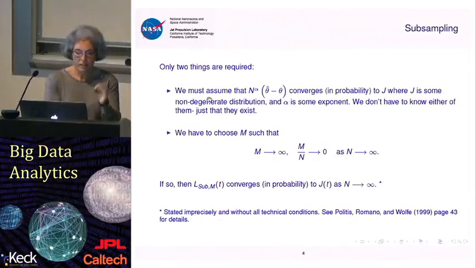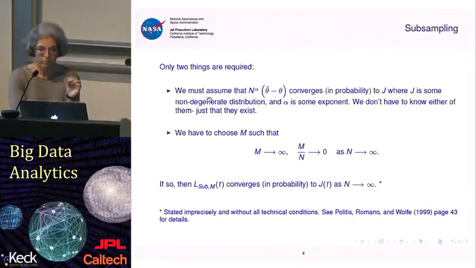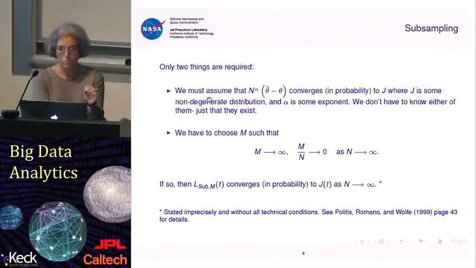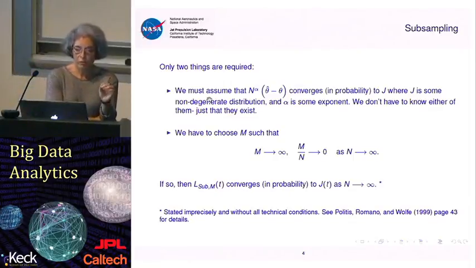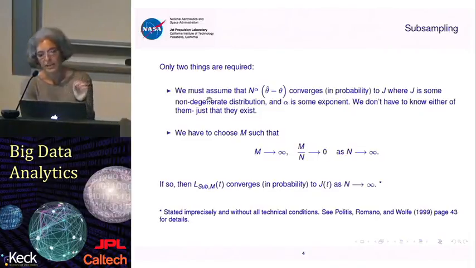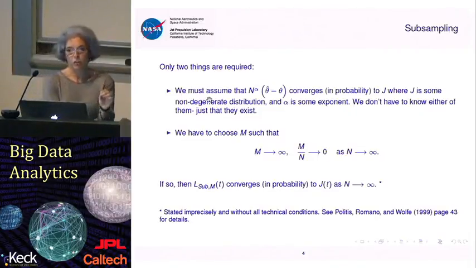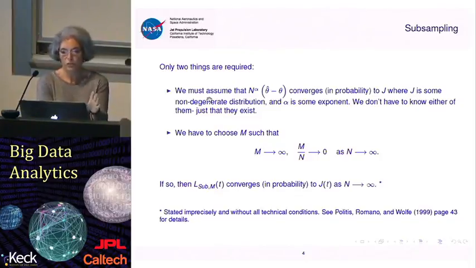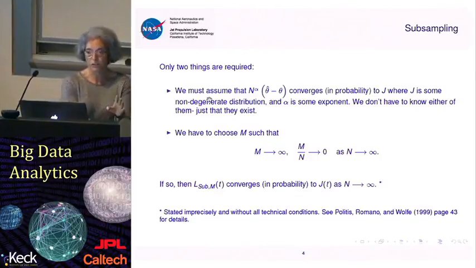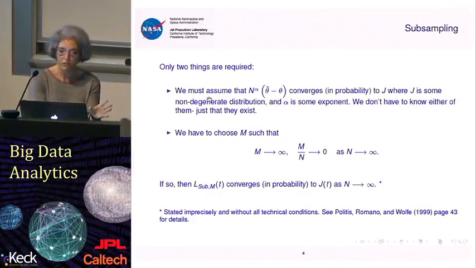And the reason subsampling is kind of another sort of minor miracle here is that this actually only requires two relatively weak conditions. It requires that we know that the centered and scaled version of theta hat converges, and here I'm going to say the words, converges in probability, which is one particular sense of convergence, to some distribution function that isn't pathological.